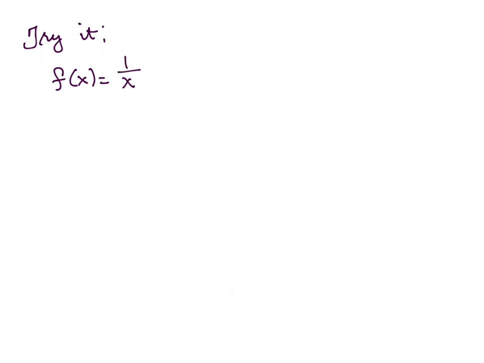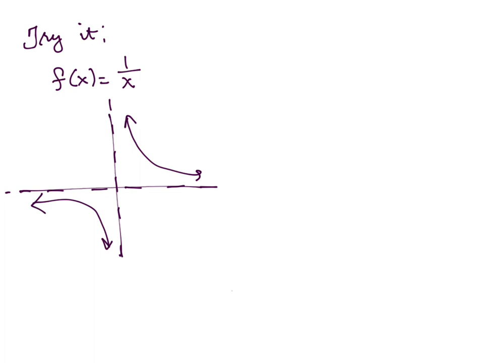It has an asymptote, and we'll learn what that means later, at 0, because I cannot divide by 0. So when x equals 0, this one breaks. Because it can't equal 0 in x, it also never equals 0 in y. And so what we see are two branches that look like this. That's your toolkit function for the reciprocal function.